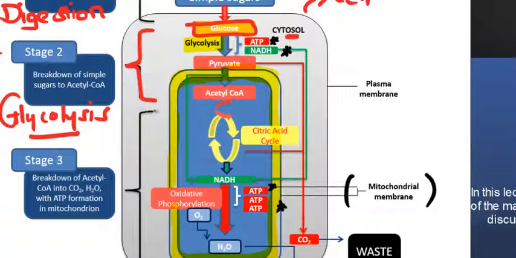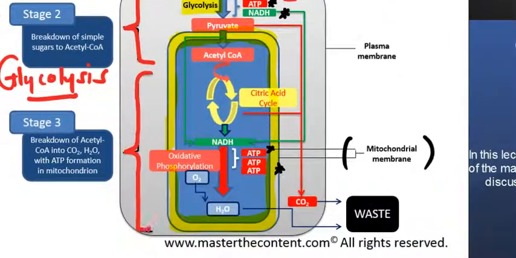Now in the third and final stage, we have two main processes. The first one is the citric acid cycle, and the second is oxidative phosphorylation using the electron transport chain. So basically what happens in the third stage is the acetyl coenzyme A that we produced from glycolysis is fed into the citric acid cycle, which results in the formation of NADH.